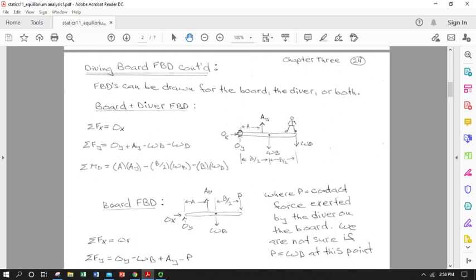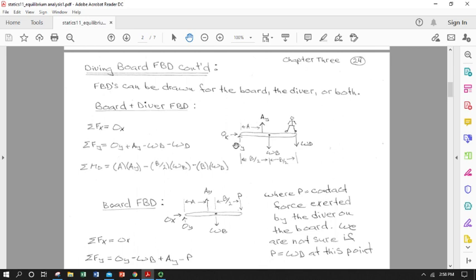So if I just use my cross product relationship, I will have the radius A times A sub y, and using my right hand rule, that would produce a positive moment coming out of the page. I've got a negative moment of B over 2 crossed into WB, which is just B over 2 times WB, and that's negative.